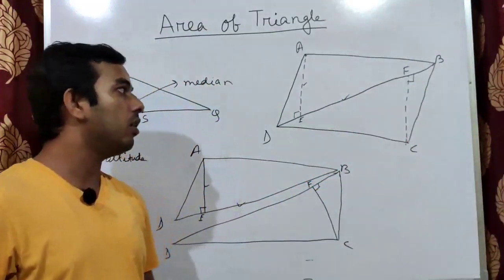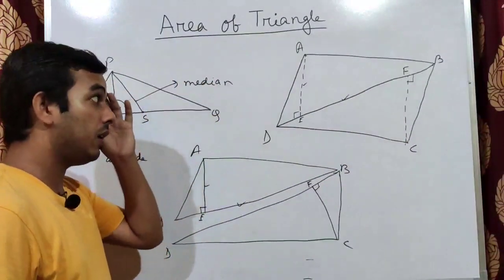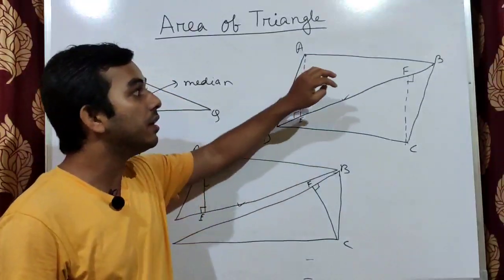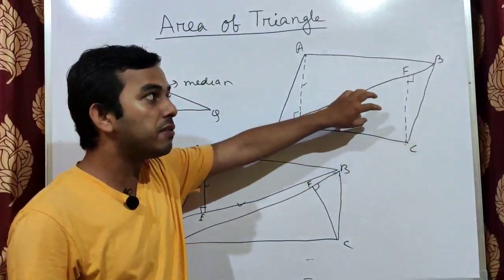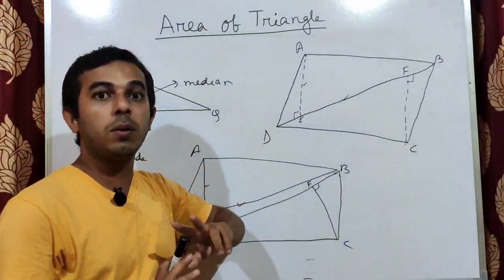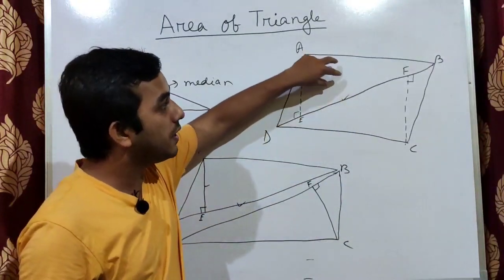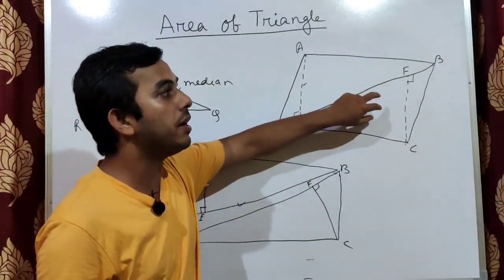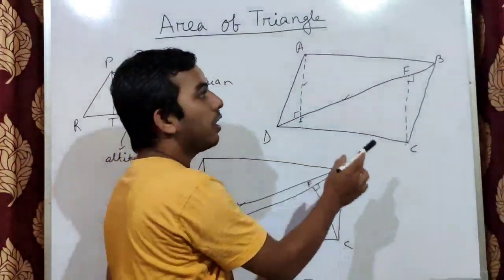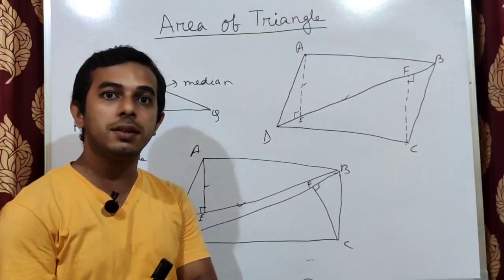Now, for example, let us assume that the area of the triangle ABD is 3 centimeter square. The diagonal divides the parallelogram into two equal parts, right? So this area is 3 centimeter square, and this area also 3 centimeter square. So the total area of the parallelogram will be 6 centimeter square.